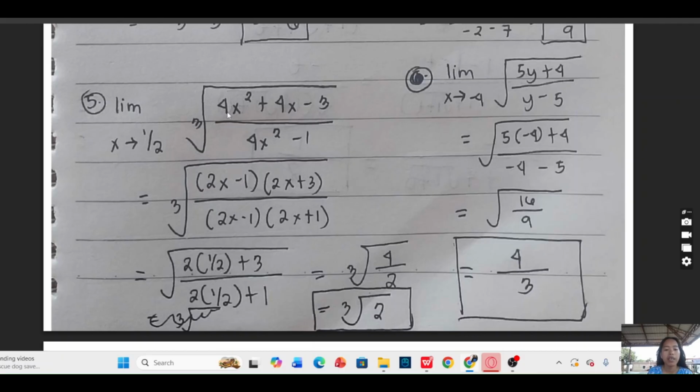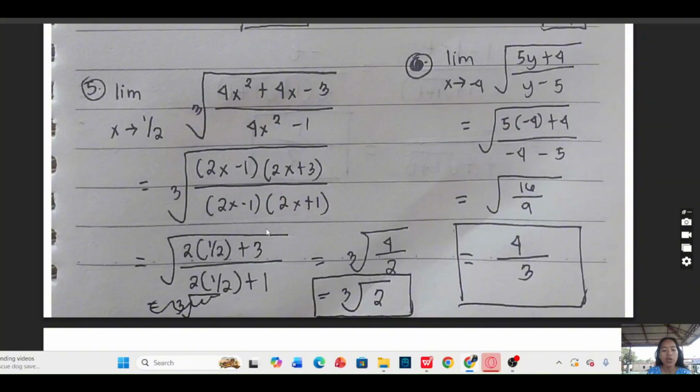So again, the numerator 4x squared plus 4x minus 3 can be expressed as the quantity of 2x minus 1 multiplied by the quantity of 2x plus 3. And our denominator, 4x squared minus 1, can be expressed as the quantity of 2x minus 1 multiplied by the quantity of 2x plus 1.